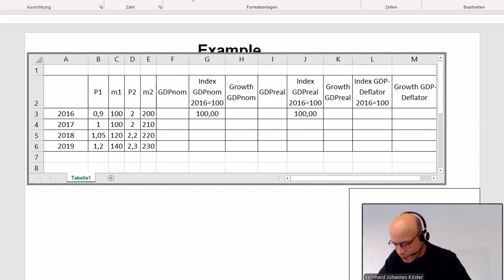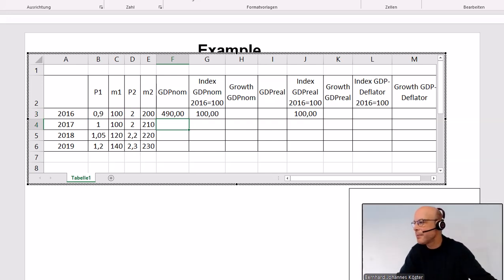So we just calculate 0.9 times 100 plus 2 times 200. And this I can do here: equals 0.9 times 100 plus 2 times 200, and we end up with 490.